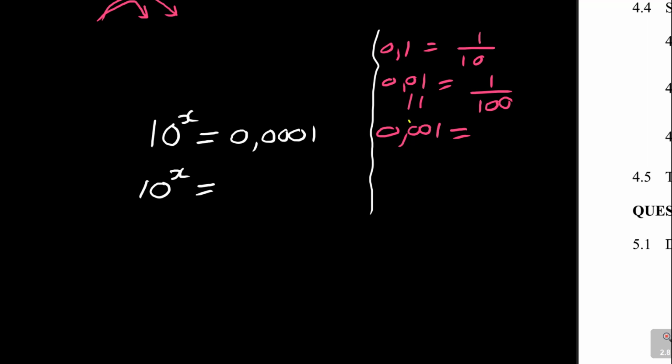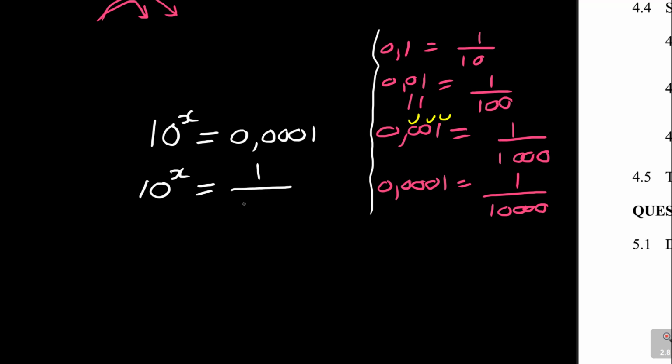You've got 1, 2, 3, so your answer becomes 1 over 1,000. Which means this one, 0,0001, with 1, 2, 3, 4 decimal places, becomes 1 over 10,000. See this? That's what it simply means. Are you with me? So this is the same as 1 over 10,000.